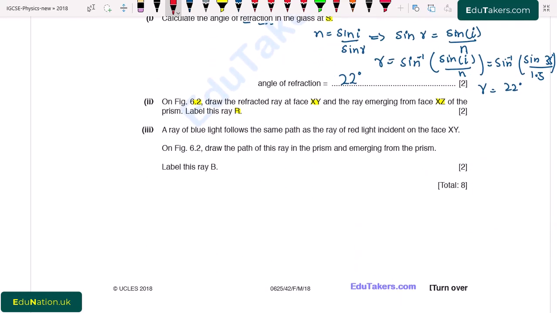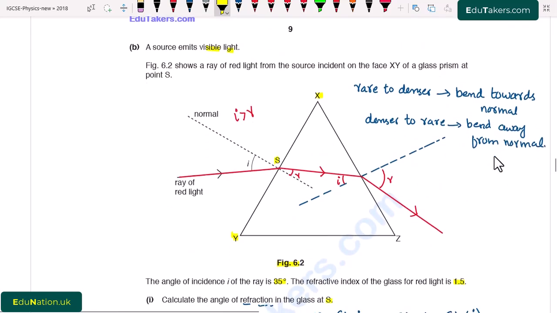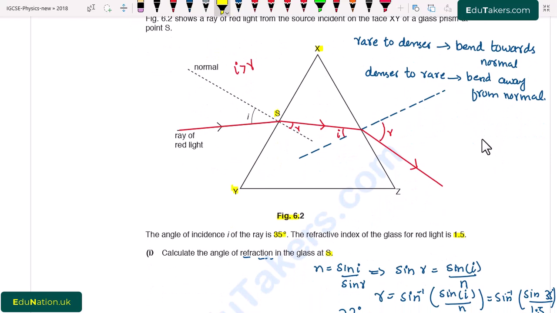Part 3. A ray of blue light follows the same path as the red light incident on the face XY. On figure 6.2, draw the path of this ray in the prism and emerging from the prism. Label this with B. So going back to the figure, now we consider that this incoming ray is blue, and then we have to find its path inside the prism and outside of the prism.